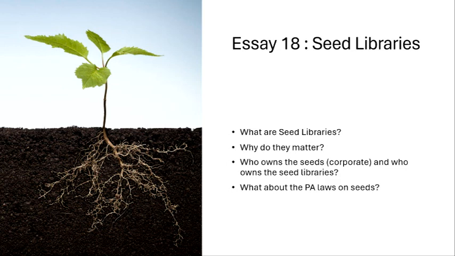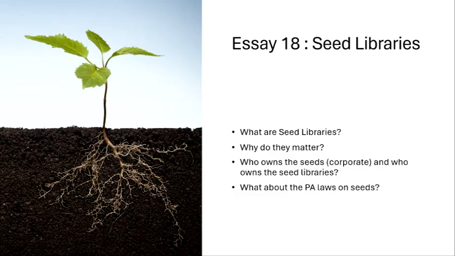And that third question is kind of the problem. Who owns the seeds and who owns the seed libraries? A lot of seeds that are available, especially currently, are produced by a large corporation. Monsanto is one of the big ones. They own the seeds. They dictate what farmers can and can't grow. They've modified those plants.